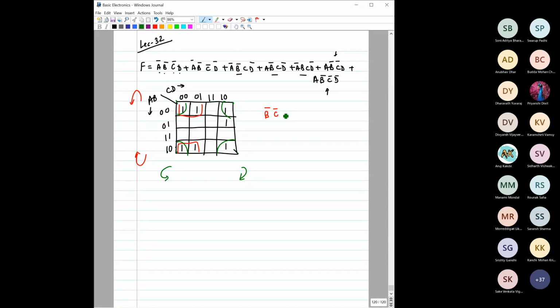So which will give you what? Between these two, A is again changing, B is constant at 0, so it will be B bar, right? And between C and D, C is now changing, D is constant at 0, so it will be D bar, right?